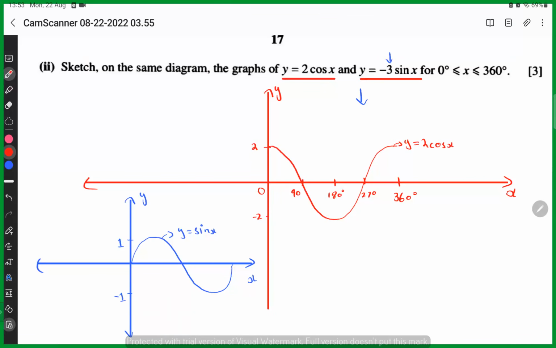y equals sine x. I need to make the graph for y equals minus 3 sine x. So this minus would cause reflection. What I can do is make the graph of y equals minus sine x, and this is how the graph would look.